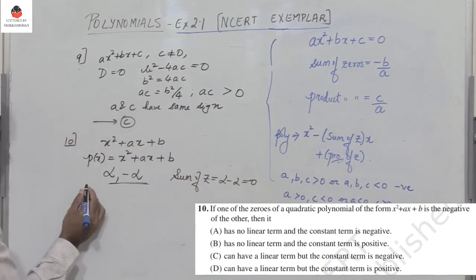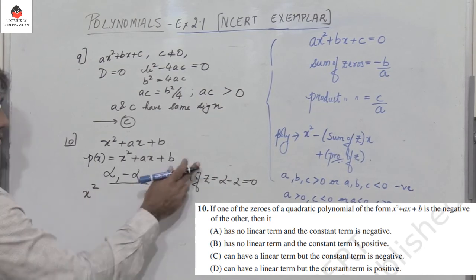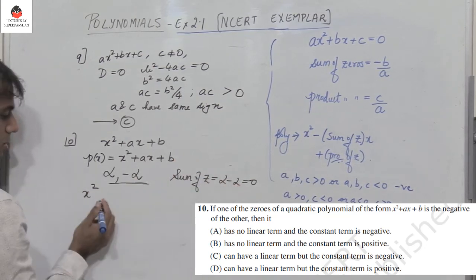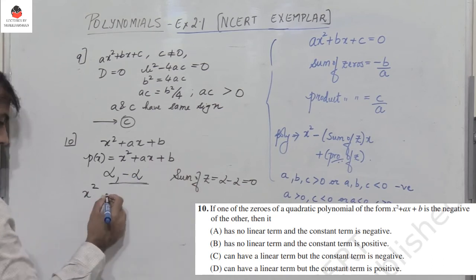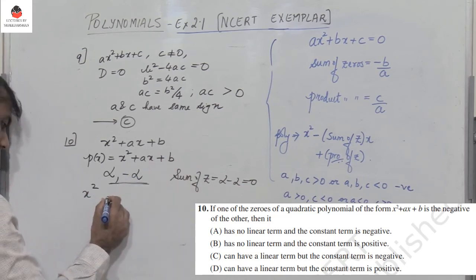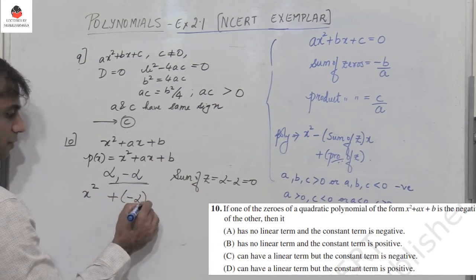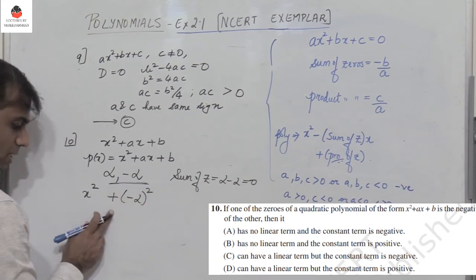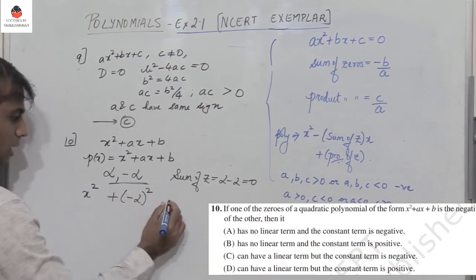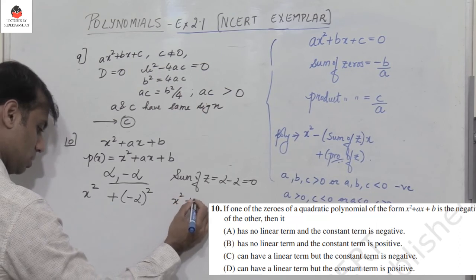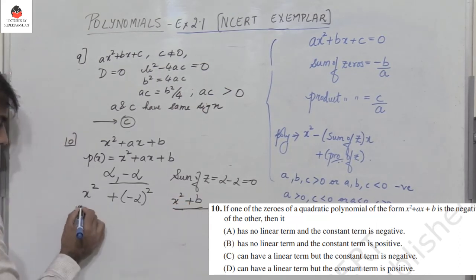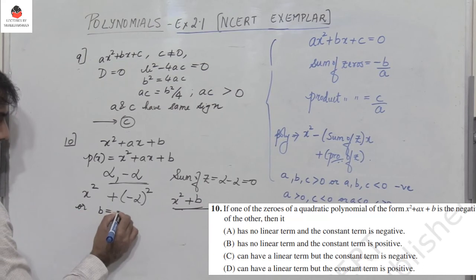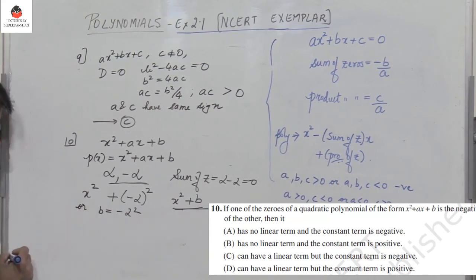So we get a polynomial of the form x square minus the sum of zeros times x, which is 0. So you do not have the x term, and then you get plus the product, minus alpha square. So I will get an expression of the form x square plus b, or we conclude that b is equal to minus alpha square.